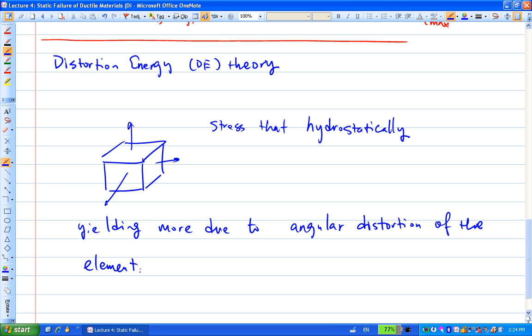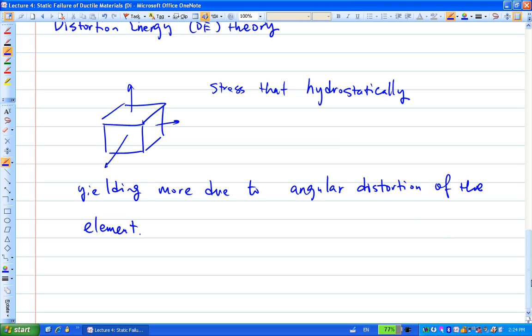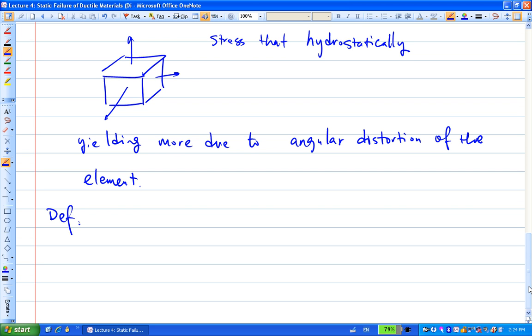This prompts people to look at the angular distortion energy in the stress element. Let's look at what the angular distortion energy is. This is basically the definition of the distortion energy theory. Let me write down the definition here, and then we'll look at the formula.